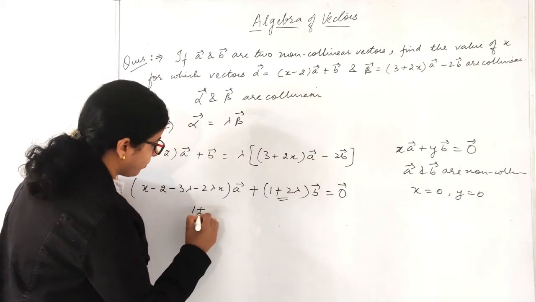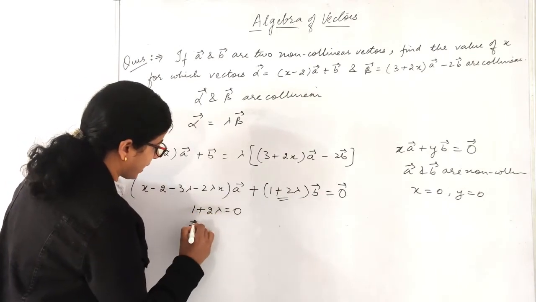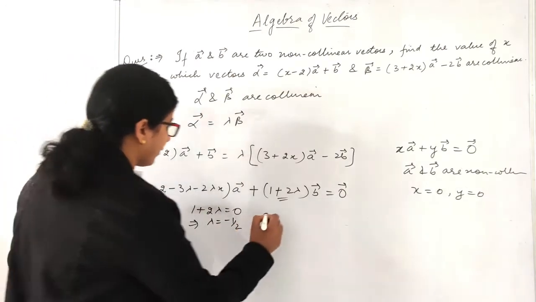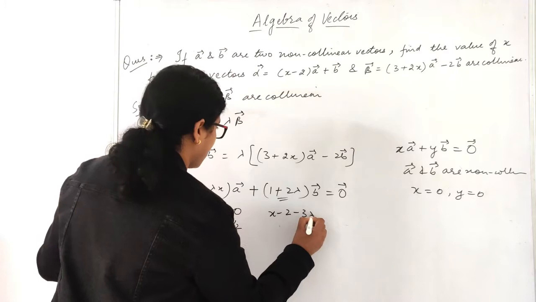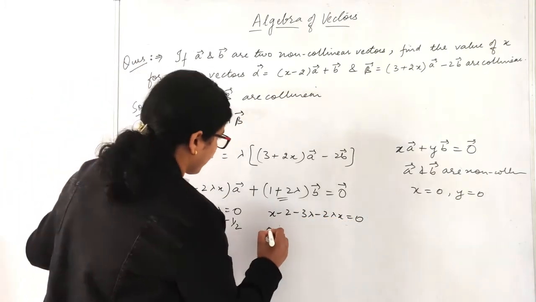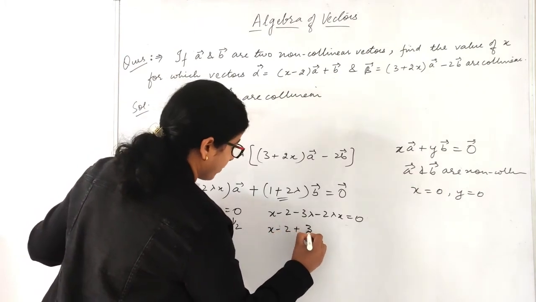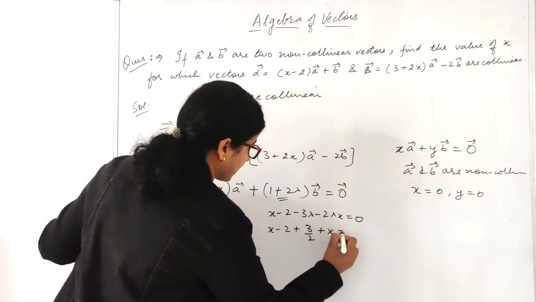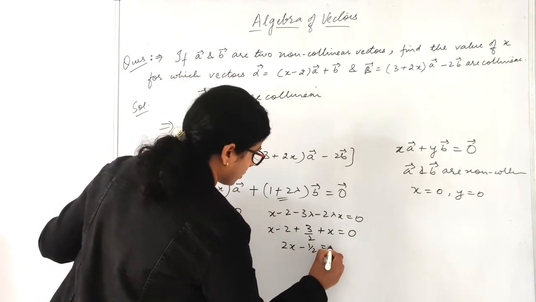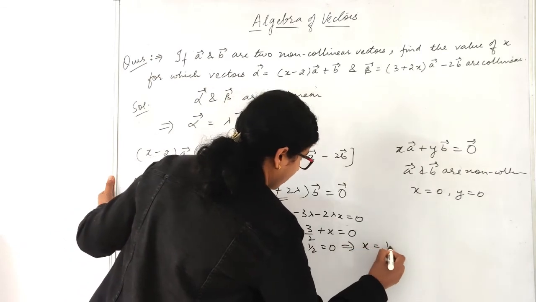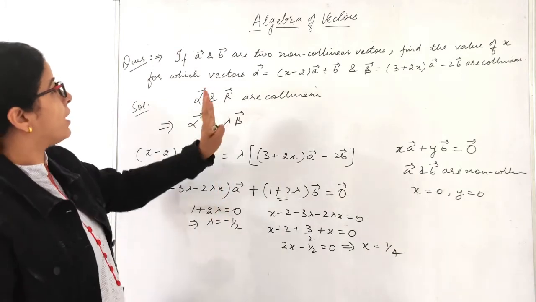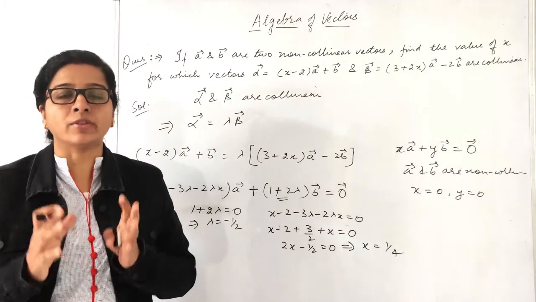I will get 1 plus 2 lambda equals 0, which implies lambda equals minus 1 by 2, correct? Secondly, I have the equation x minus 2 minus 3 lambda minus 2 lambda x equals 0. Let us substitute the value of lambda here. So x minus 2, this will become plus 3 by 2, and this will become plus x, equals 0. So I have 2x minus 1 by 2 equals 0, which implies x is equal to 1 by 4. Is that clear? So this is the way we can find it if we know the criterion for collinearity.